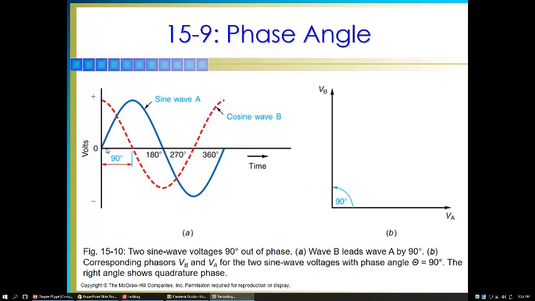Between A and B, there is a 90 degree difference, so this would be the representation of B. The physical size of the phasor represents the magnitude of the wave, and the angle represents the phase angle between the two waves.